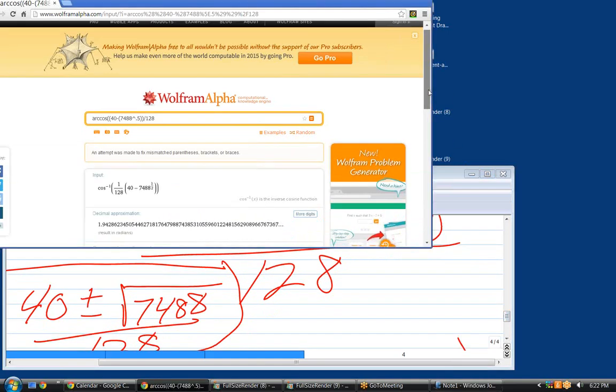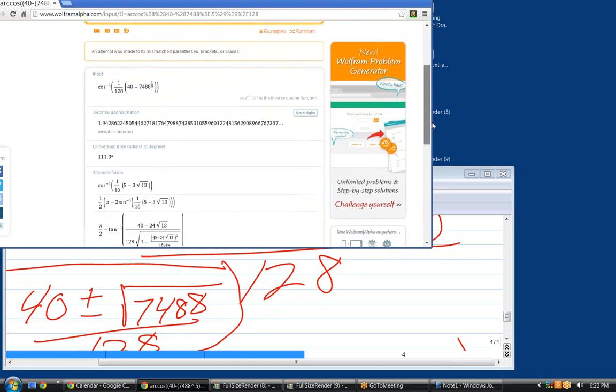So the second answer, and of course they didn't give it to us to the hundredth place. It's funny. They give it to us in radians to 25 different places, and when they give it to us in degrees, they round it off to the nearest tenth.